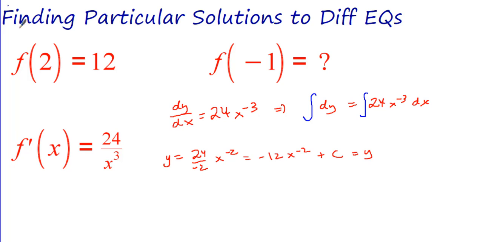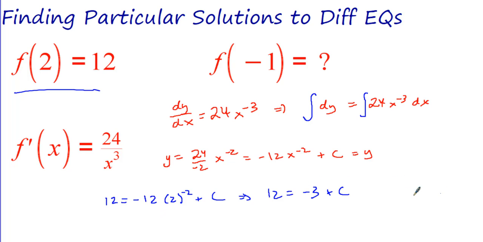Now, they told me that f of 2 is equal to 12, which means when x is equal to 2, y is equal to 12. So I'm going to plug this into the equation. 12 is equal to negative 12 times 2 to the negative 2 power, plus c. So 12 is equal to negative 12 over 2 squared, which is 4, so that's negative 3, plus c.